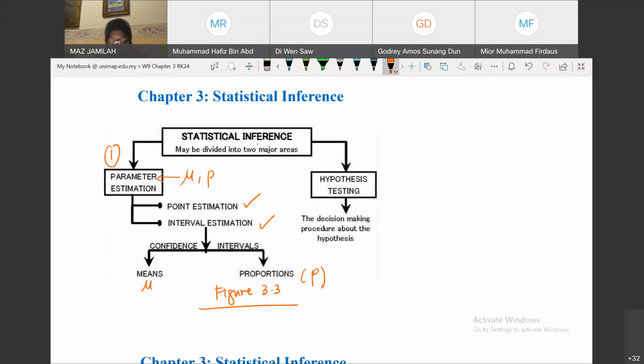What about hypothesis testing? This one requires more understanding to make your statistical inference.